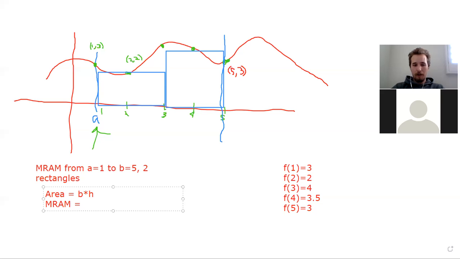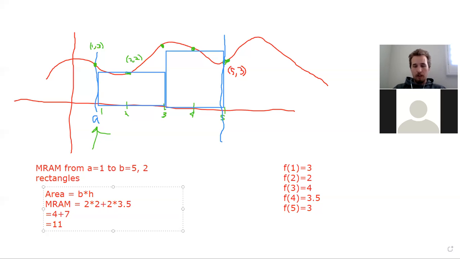Two times 2? Yep. So the width of each rectangle is 2. And then the height is the midpoint, and the midpoint's f of 2, which is 2. The second rectangle is what David said, where the midpoint is at 4, and f of 4 is 3.5. So 2 times 3.5. It's not too bad.